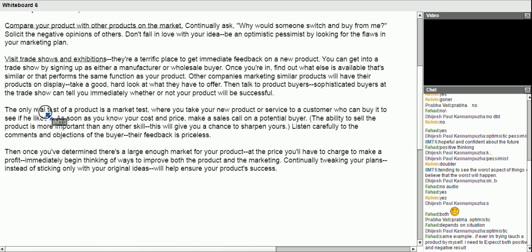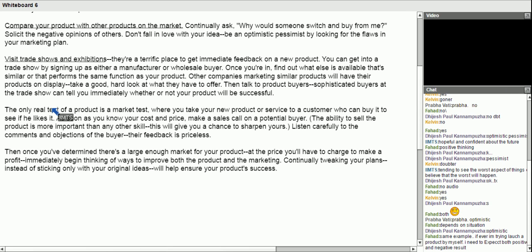Next, the only real test of a product is a market test, where you take your new product or services to a customer who can buy it to see if he likes it. As soon as you know your cost and price, make a sales call on the potential buyer. The ability to see the product is more important than any other skill.